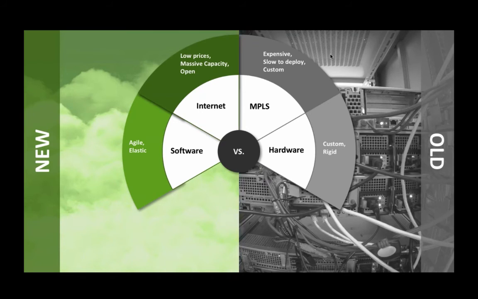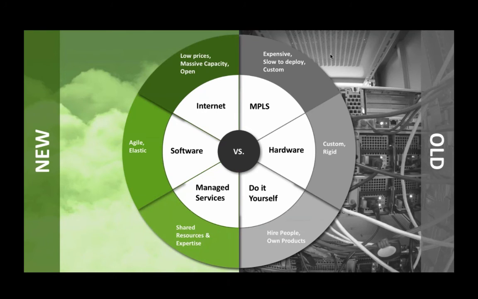So software, standard hardware, and innovations at the chipset levels allow us to deliver routing capabilities that previously were only possible with custom hardware. And the last element is the emergence of managed services. The cloud enables managed services. We have shortages of people, shortage of expertise. So we go into shared infrastructure, shared resources. We get MSSPs to help us do the expert work that it's hard for us to do in-house.